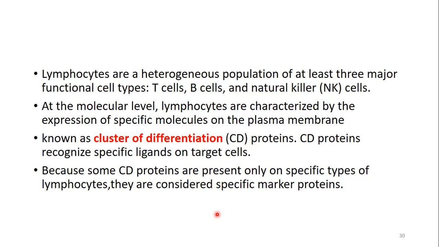Each T lymphocyte is assigned to a certain cluster, or a certain intake. Because of that, T lymphocytes have CD numbers, or cluster of differentiation numbers. You hear of CD4 cells, CD8 cells, CD6 cells. CD simply stands for cluster of differentiation, or simply intake. So you have a 4 intake, 8 intake, and 6 intake.